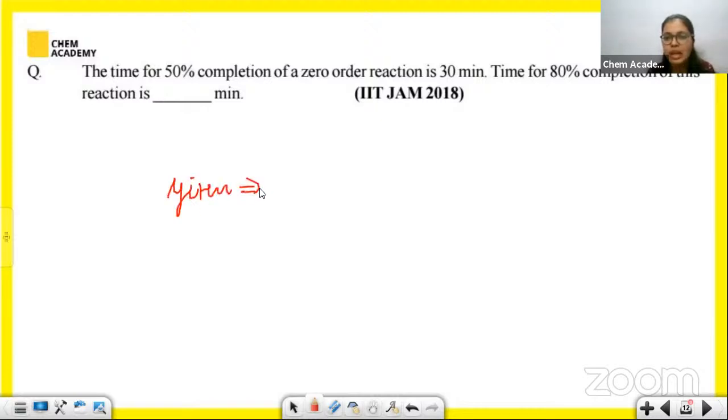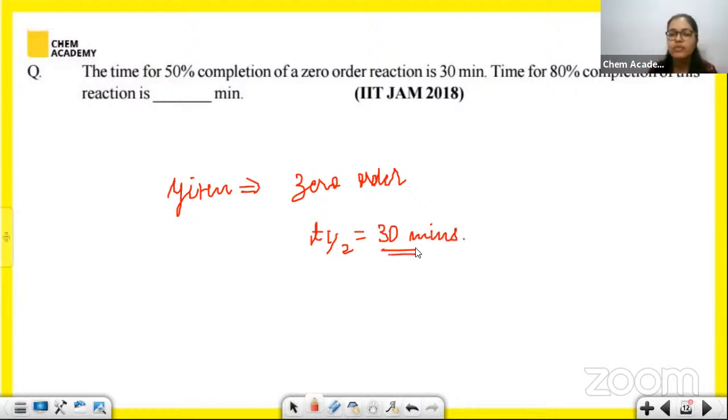Given that the reaction is of zero order, and since it is getting 50% completed, we can also say that the t half is 30 minutes. So we have to calculate the time when the reaction gets 80% completed.